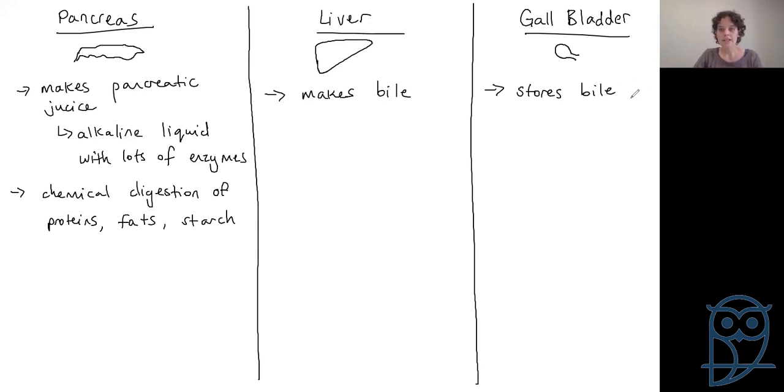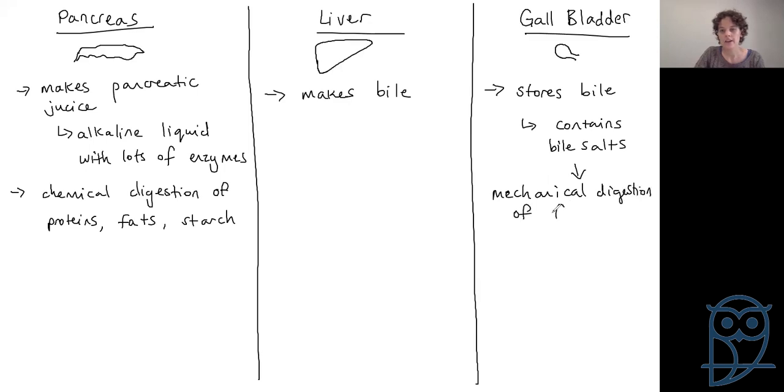Okay, so it then releases the bile into the duodenum, which we're going to get to now, and the bile contains bile salts. And these are really important in the mechanical digestion of fats.